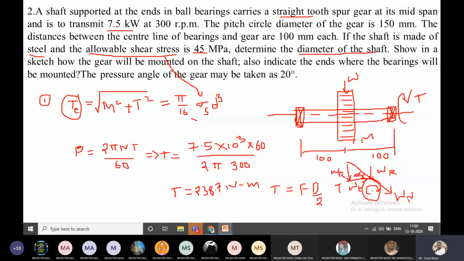What type of force here? Tangential force. So torque equals tangential force into D by 2. Just now we calculated the torque from the power relation, and with this relation you are going to calculate the FT value, nothing but the WT value. So tell me that FT value.